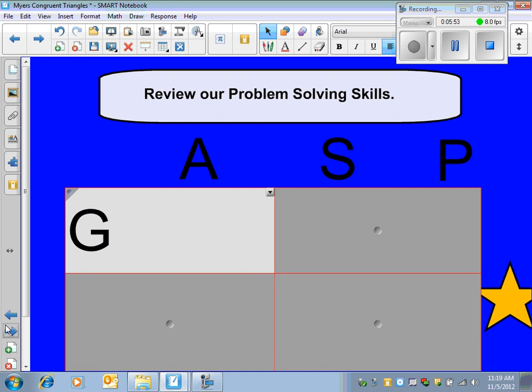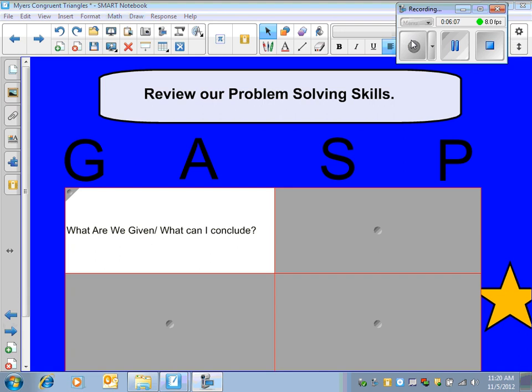All right, so what's important in our first problem-solving skill is that we figure out what is actually given in the problem. All right, so you see this right here. Our keyword for G is going to be given. We always want to figure out what we're given and what we can conclude.